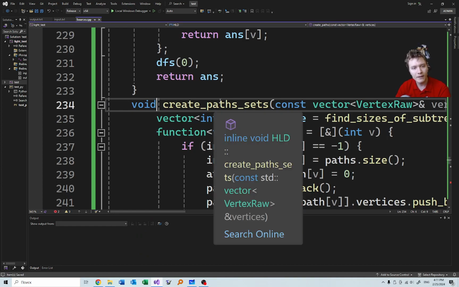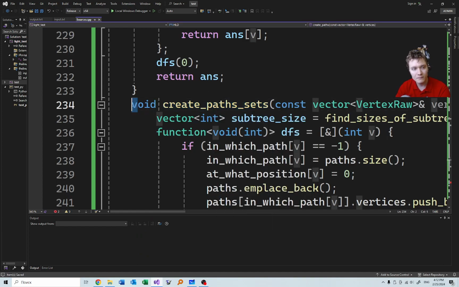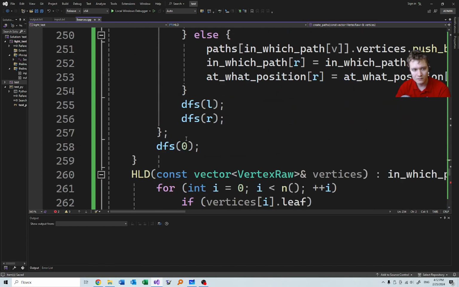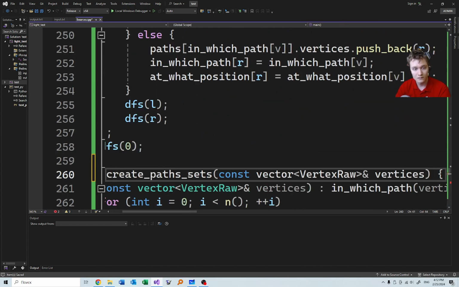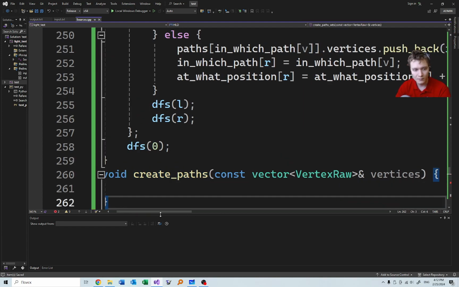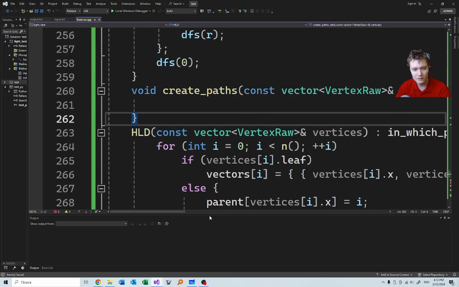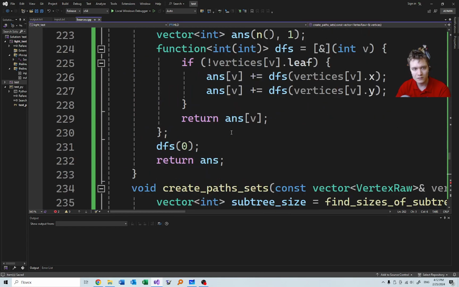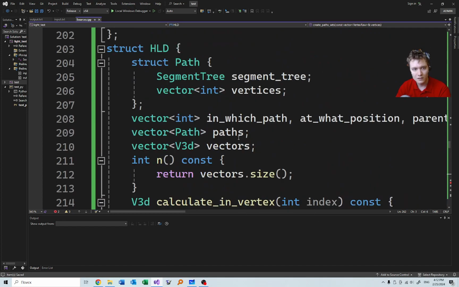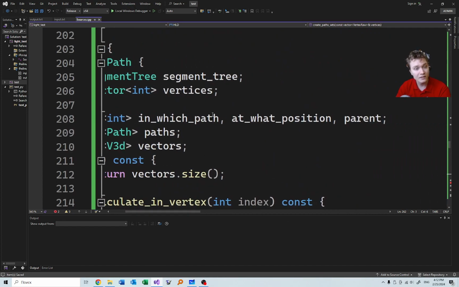So we have created path sets, and now we need to create simply paths. What do I mean by that? Okay, now we have a small problem. What do we have now? We definitely have in which path.